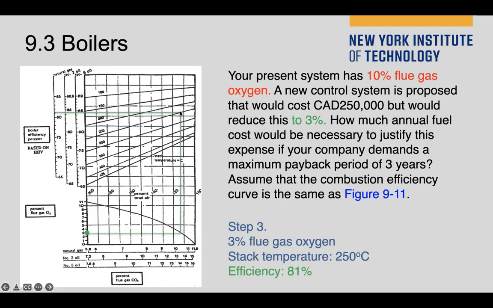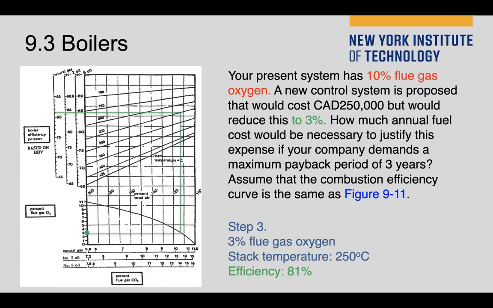At this intersection point, we draw a horizontal line pointing to the left and touch the natural gas axis. Then we know the new, improved system has an efficiency of 81.